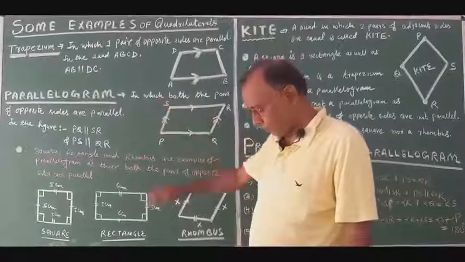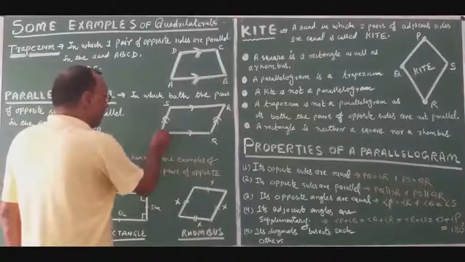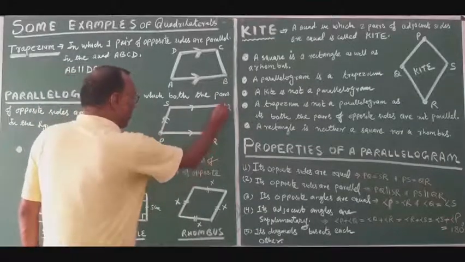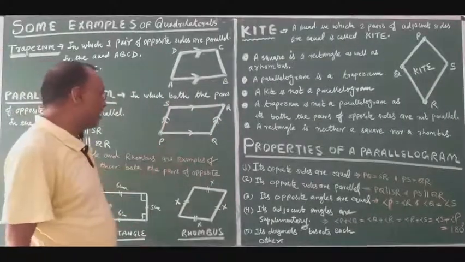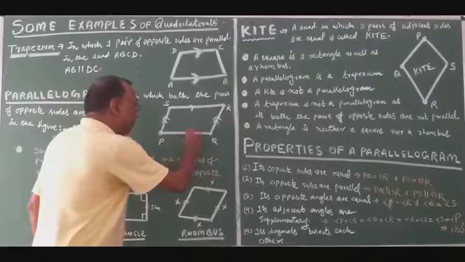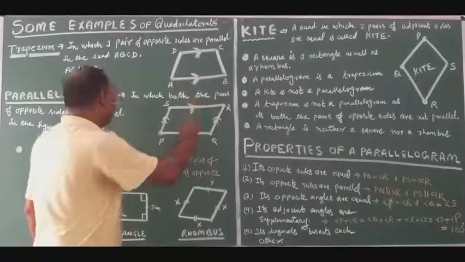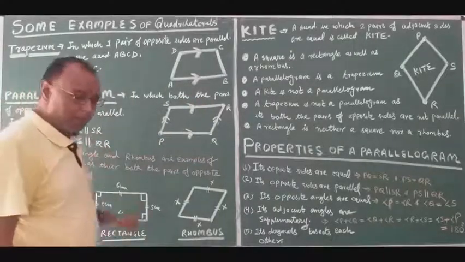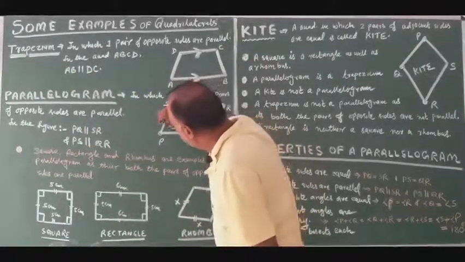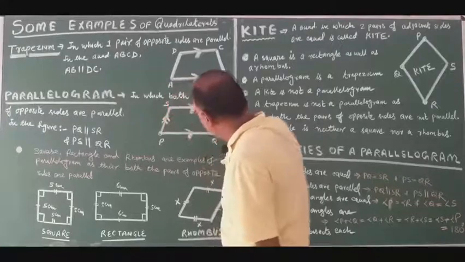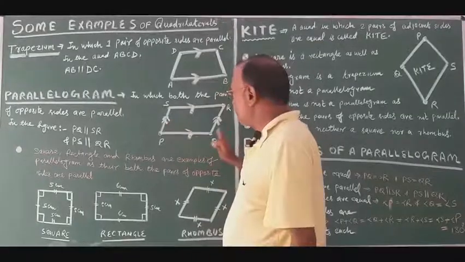Suppose this is the diagram of a quadrilateral PQRS. In this quadrilateral, PQ is parallel to SR. I have written here, PQ parallel to SR. And this PS is parallel to QR.